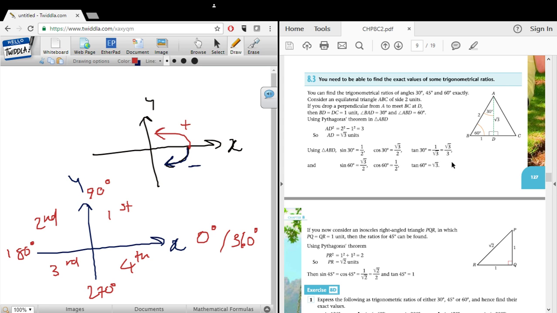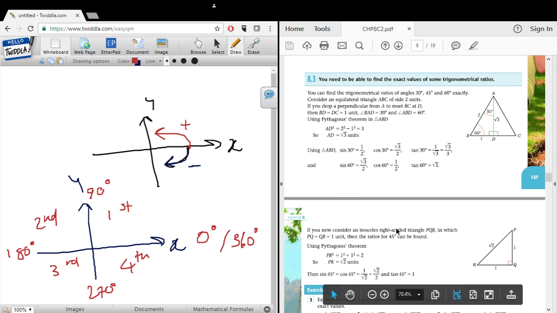Through that you can utilize the ratios of the trigonometrical functions. So you have sine 30 equals such, cos equals such, and tan equals such. Then you can appreciate the ratios of each of these to one another.